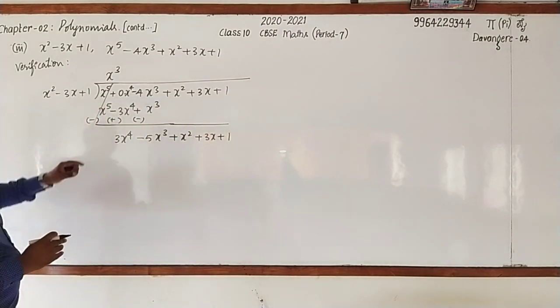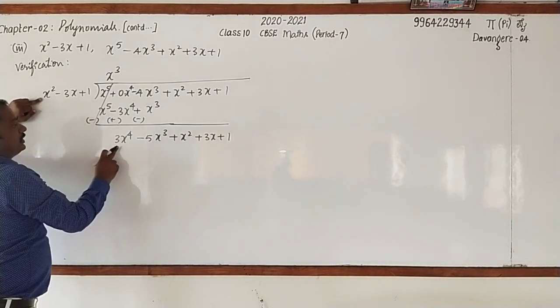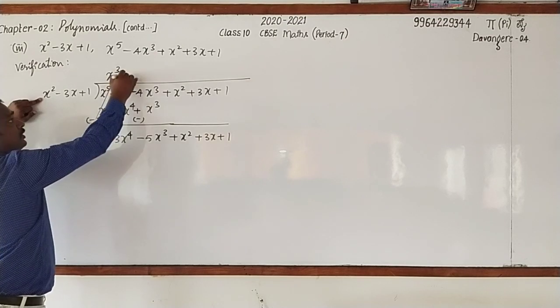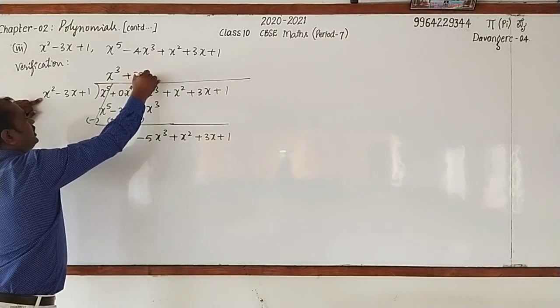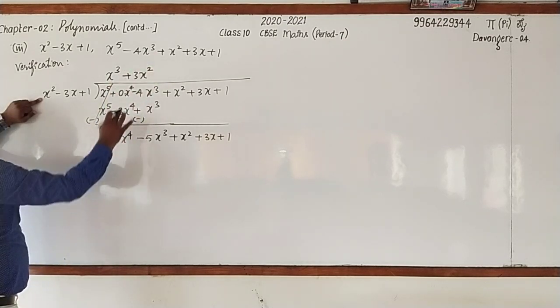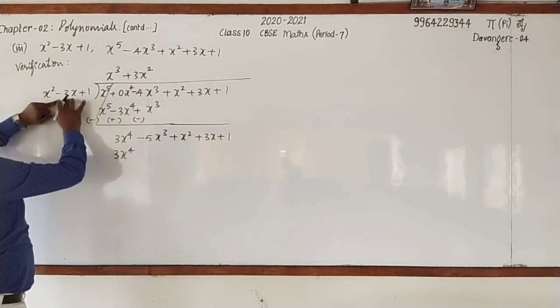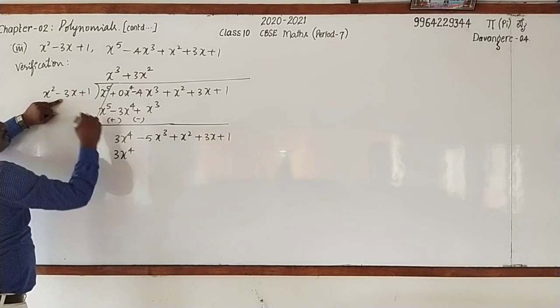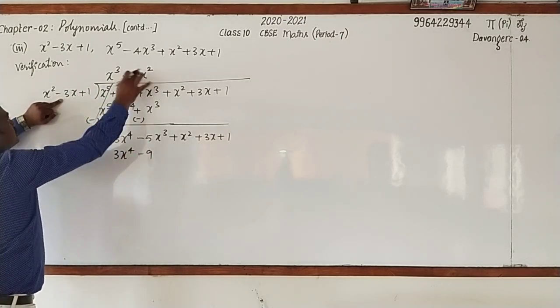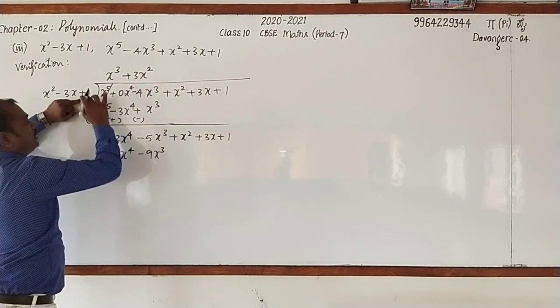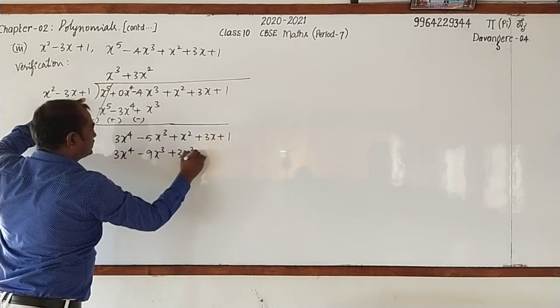Clear now? Now multiply x square with, what should be multiplied with x square to get 3x raised to the power 4? It is 3x square. Now 3x square into x square, 3x raised to the power 4. 3x square into minus 3x, 3 into minus 3, minus 9, x square into x, x cube. 3x square into 1, it is 3x square.